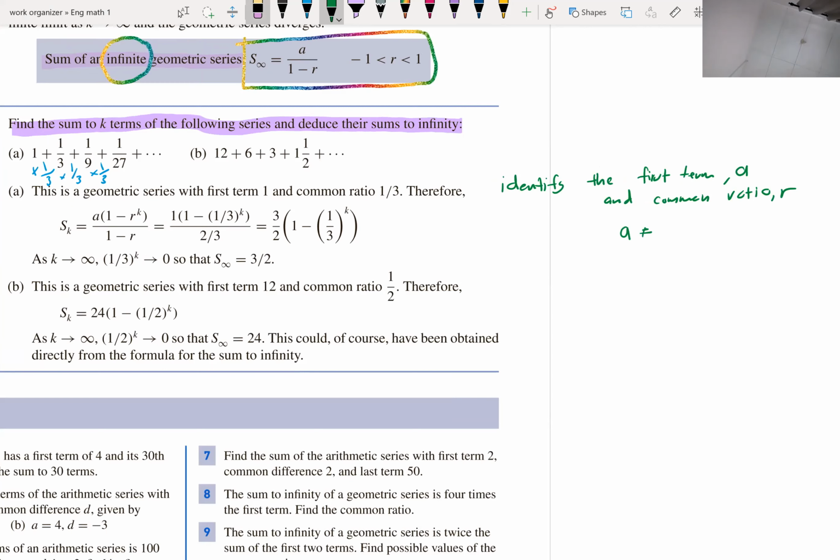It hangs. So A is 1, and then the ratio is 1 over 3.